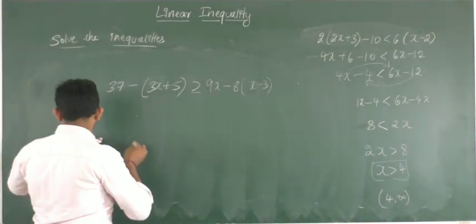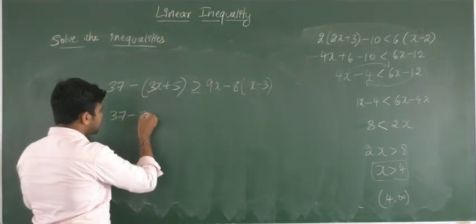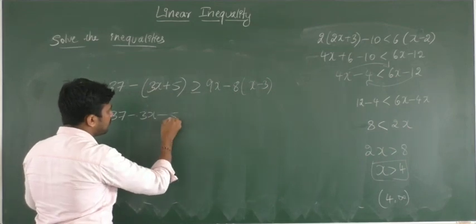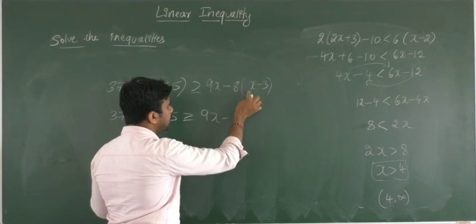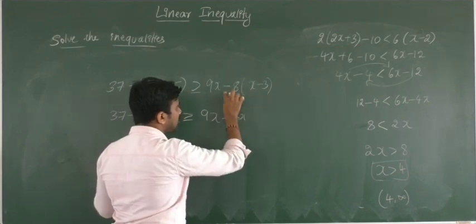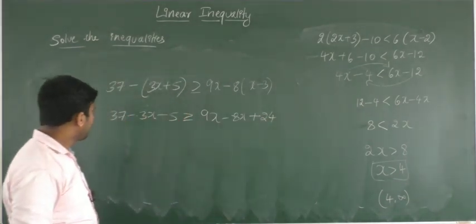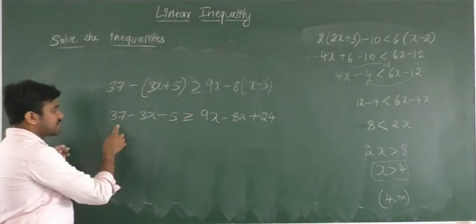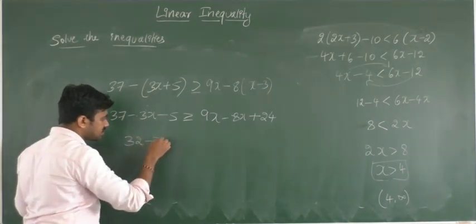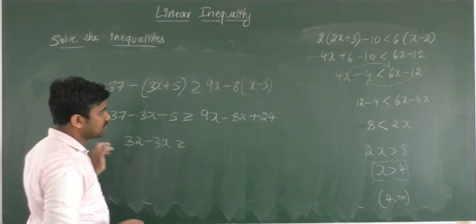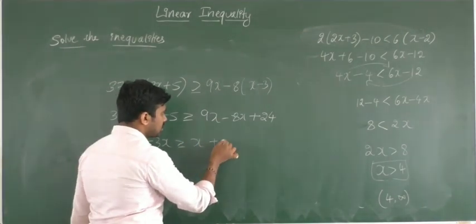So 37 minus 3x minus 5 greater than or equal to 9x minus 8x minus 8 into minus 3 plus 24. Okay. So 37 minus 5, 32 minus 3x greater than or equal to 9x minus 8x, that is x plus 24.